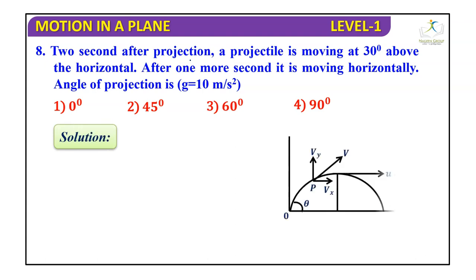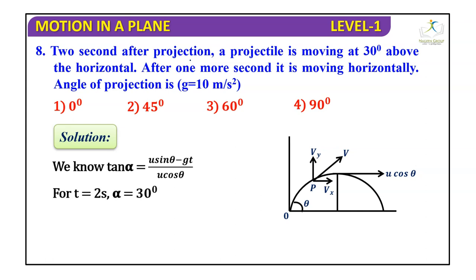So moving with the solution part, students, as you can see, this is the projectile diagram. We know that tan alpha is equal to (u sin theta minus gt) divided by u cos theta. For t equal to 2 seconds, alpha is equal to 30 degree, and tan 30 degree is equal to (u sin theta minus 2g) divided by u cos theta.